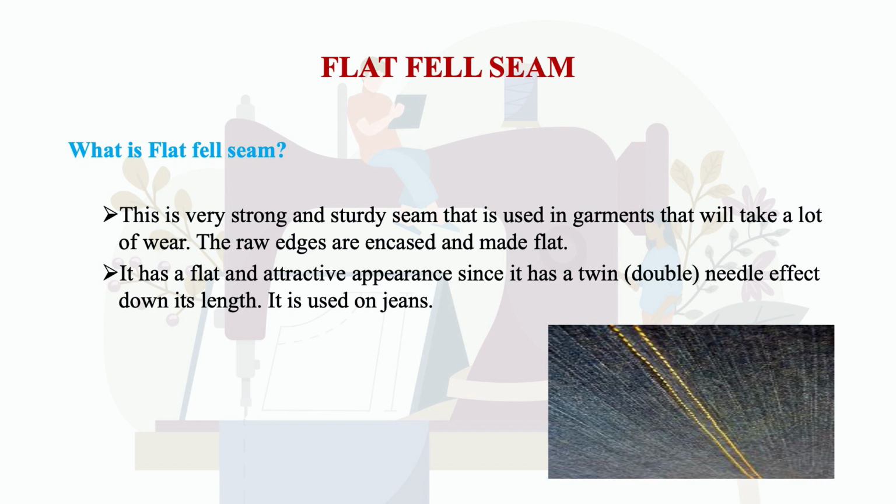When you see this seam, it seems like it is made with a machine which has a double needle or twin needle, but it is not like that, and it is created differently. We see it on our jeans, which we wear every day. We see the side seam of those jeans, it is prepared with the flat fill seam.